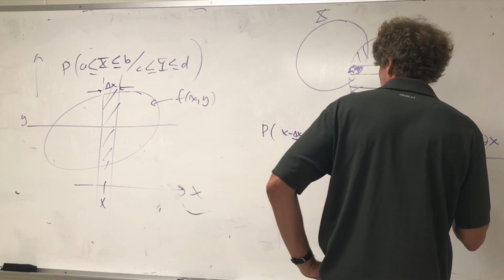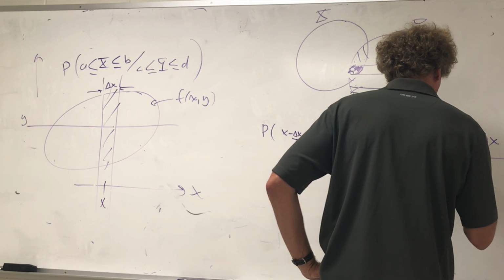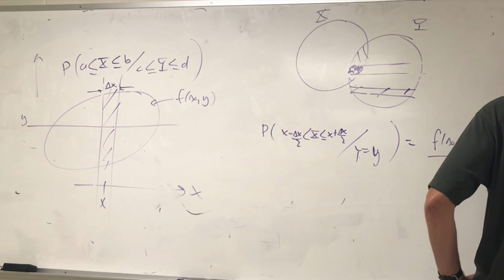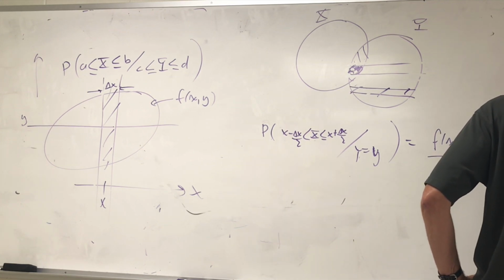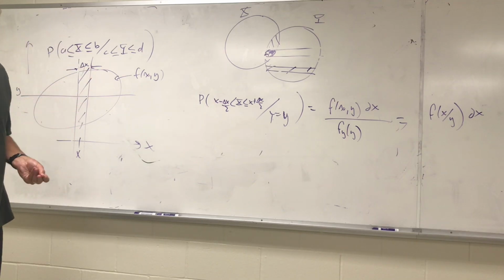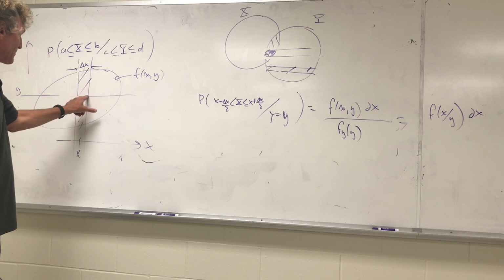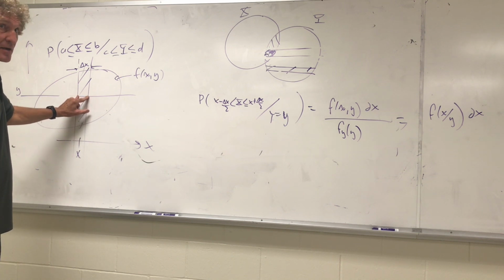So, given that y equals y, here is going to be f y of y, and that is equal to the actual density function f of x given y right here. Remember, he says y occurs, right? But I'm really saying this occurs, this happens, so this is a thin line. It's an infinitesimally thin line, you might say.